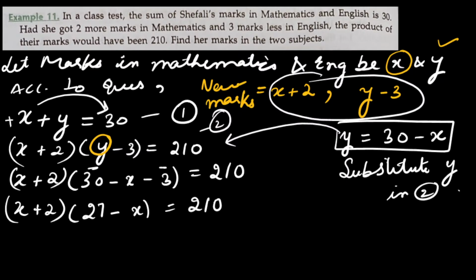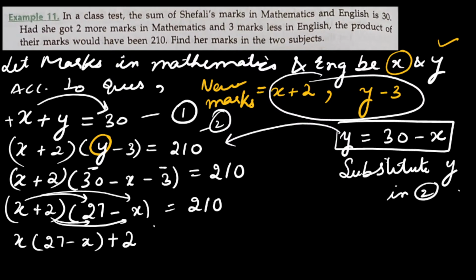Now two brackets, so we can do bracket multiplication. Like I have told you earlier, the first term will multiply with both, and then the second also will multiply with both. So we write x into (27 minus x), plus 2 into (27 minus x), equal to 210.